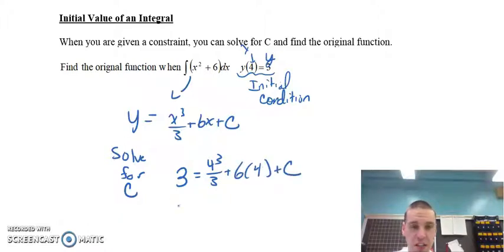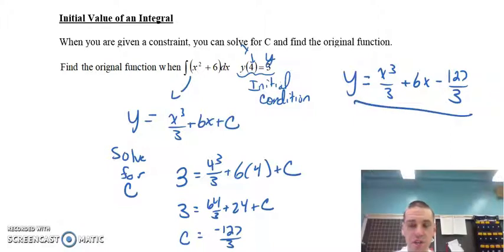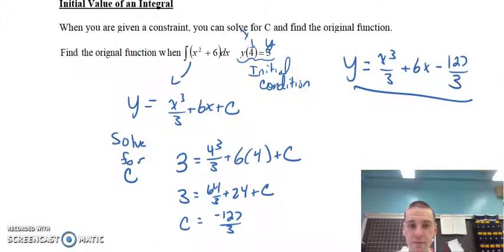And I can solve for c now. 3 equals 64 thirds plus 24 plus c. And so c is going to equal negative 127 over 3, trust me on that. So our final answer: y equals x cubed over 3 plus 6x minus 127 over 3. Done. Solving for c is the key here.